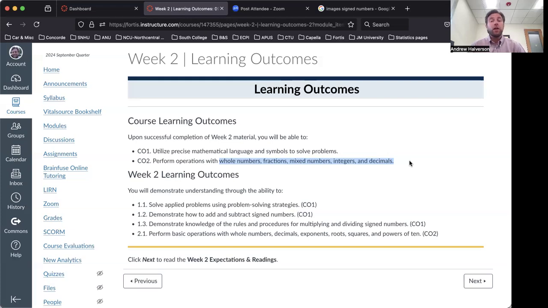Negative can also mean direction. Think about it this way. Let's go back to sea level and the elevation. Sea level is kind of like right here at the horizon. When you're below sea level, you're moving downwards. That's in a negative direction. Whereas if you're above sea level, you're moving upwards in a positive direction. So the takeaway here is you're going to learn the rules for how to work with positives and negatives.